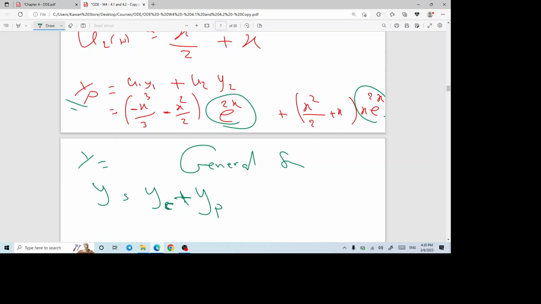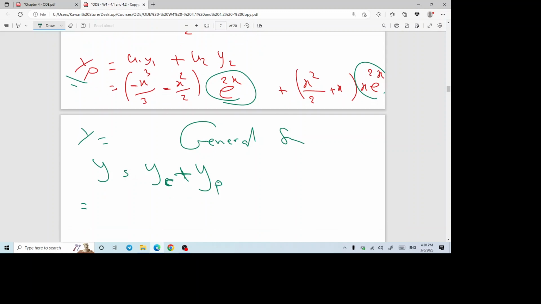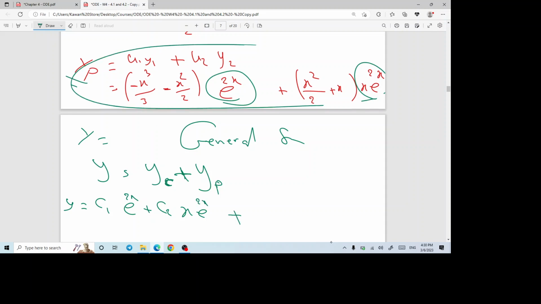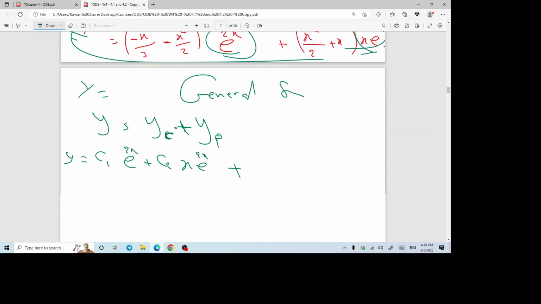So you can say y equals C1 e to the power 2x plus C2 x e to the power 2x plus yp. It's long and takes time, but when you solve a lot, you won't stop to think where w1 is, and you'll be faster.